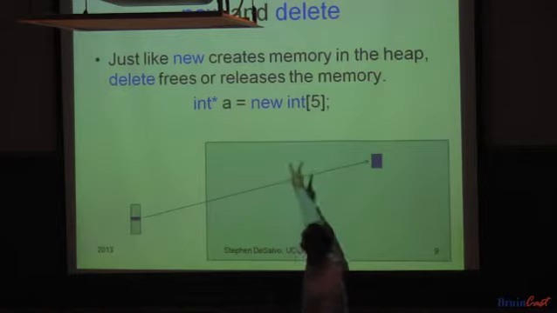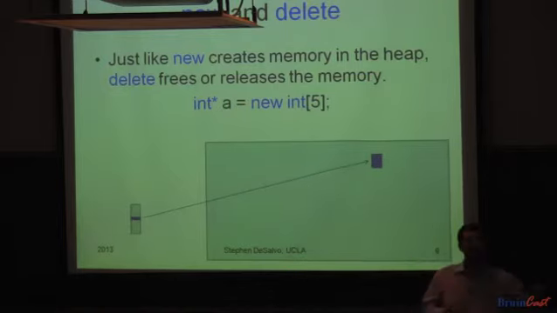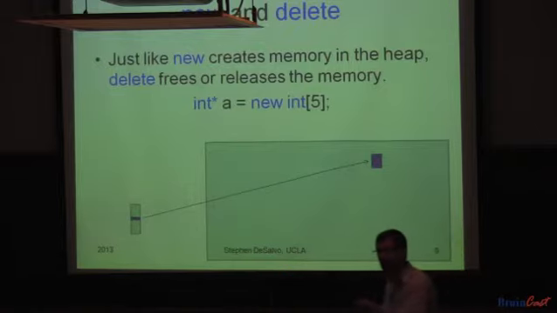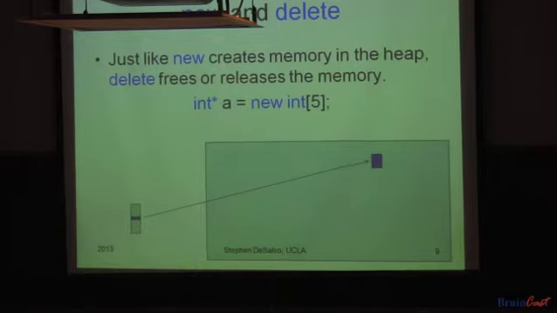That's why the code looks the way it does. This calls some function which allocates some memory, and it just returns an address to the first one. So now A is on the stack, and A of 0, A of 1, A of 2, 3, 4, those are all on the heap. When we call delete on A, why would you call delete?